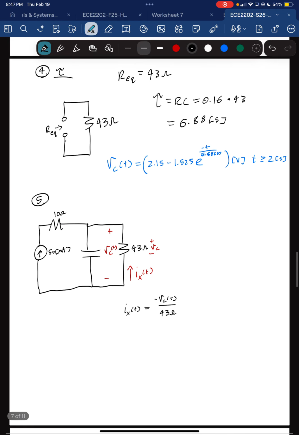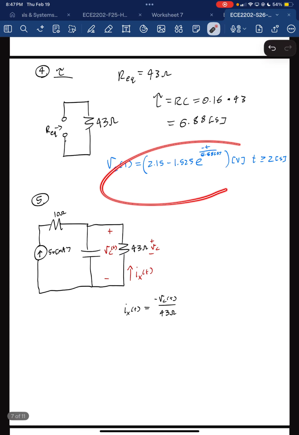So to find Ix of t, you just take our expression that we found for Vc of t, flip the sign, divide it by 43.